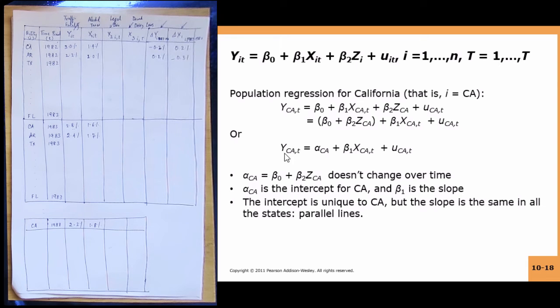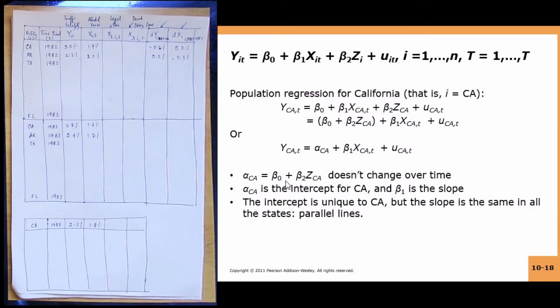So you have yCAt is alphaCA. We are introducing a new parameter alpha compared to beta, just to differentiate it from beta. Beta is common across all entities, but this is specific for California. So alphaCA plus beta 1 xCAt plus uCAt.